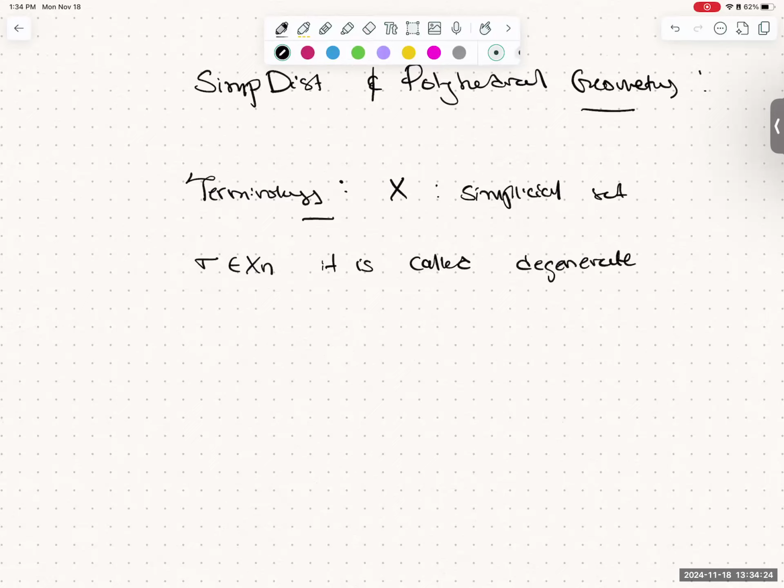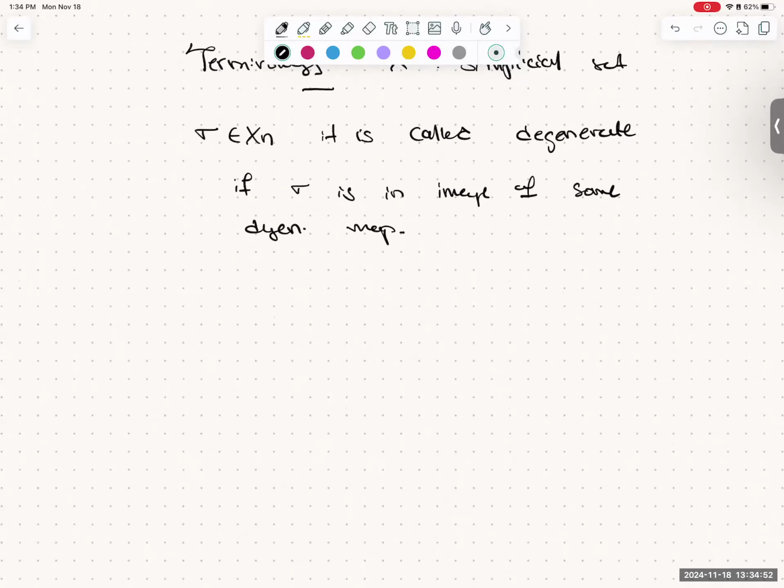In my talk, yes, I defined simplicial sets. Exactly.